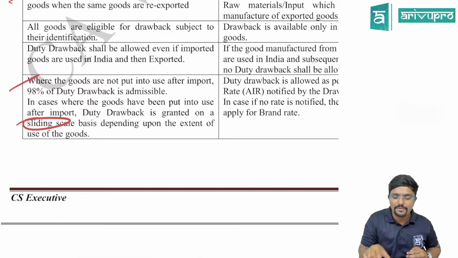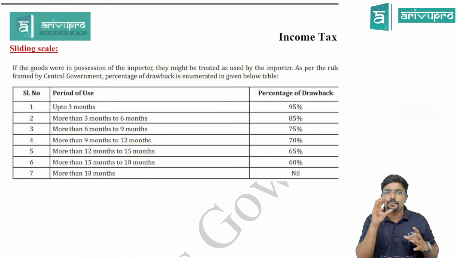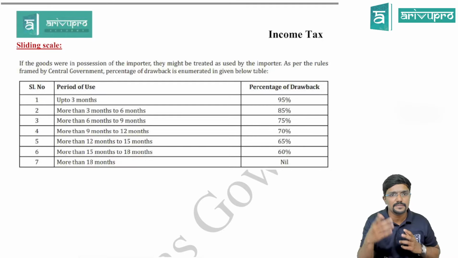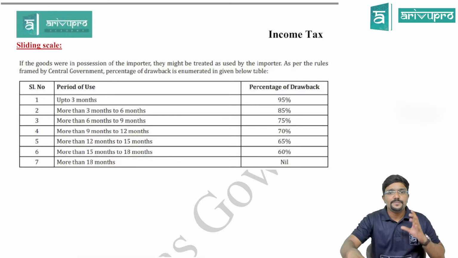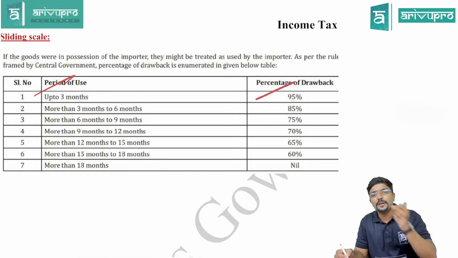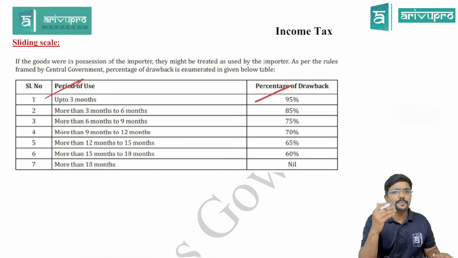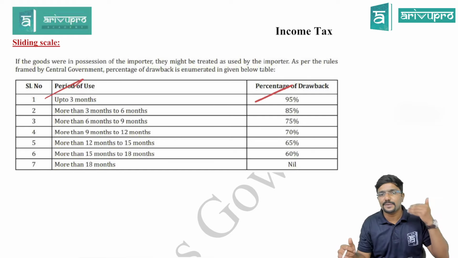I have not given this in my material, but they have asked the question, so I have mentioned it here. Please make a note of this, guys, for exams. You are expected to remember both the period of use and, depending upon the period of use, the percentage of duty drawback. Up to 3 months, 95% you can claim.